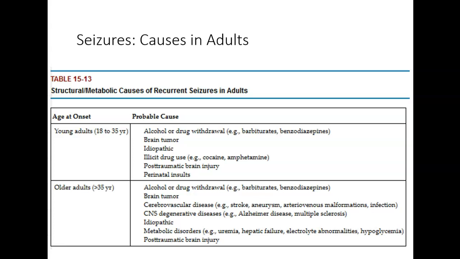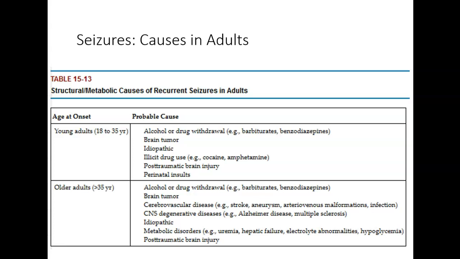In older adults, it tends to be things, again, idiopathic. Seizures are still possible, but over the age of 35 we tend to have more seizures related to a specific issue, like alcohol or drug withdrawal, a brain tumor, a stroke, aneurysm, infection, degenerative disease like Alzheimer's, and then metabolic disorders.